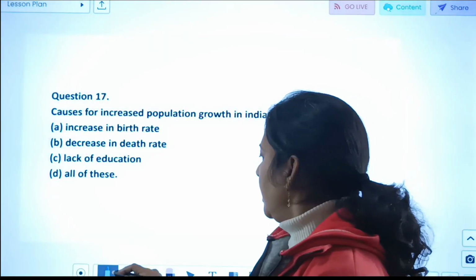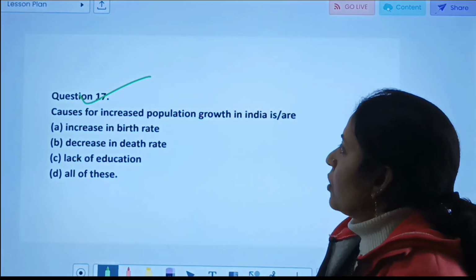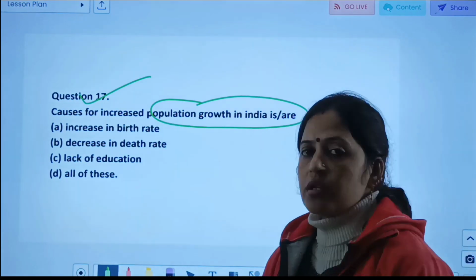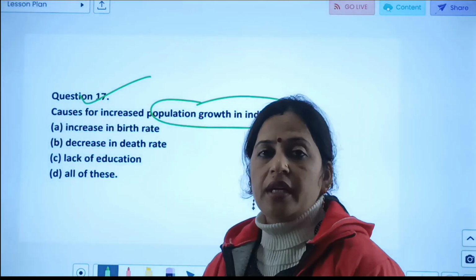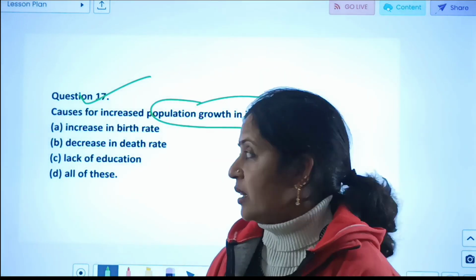Next is your question number 17, and your question number 17 is: causes for increased population growth in India are. क्या कारण है भारत में जनसंख्या के बढ़ने के?